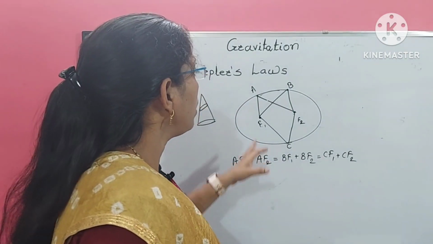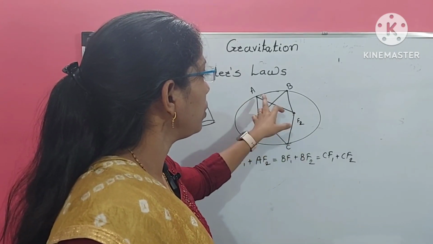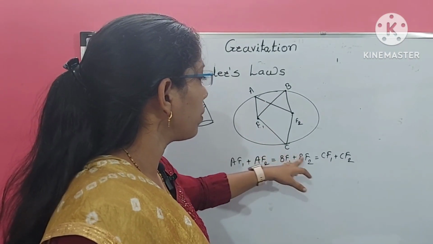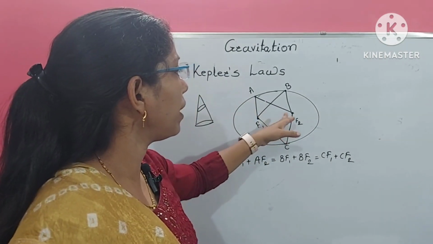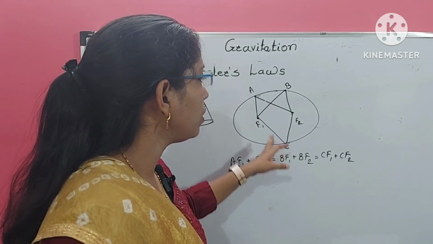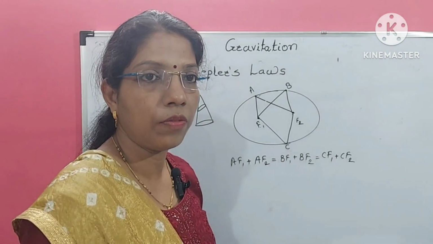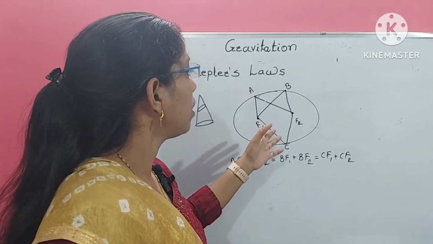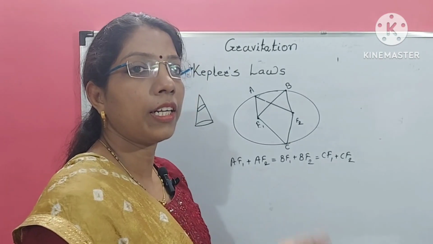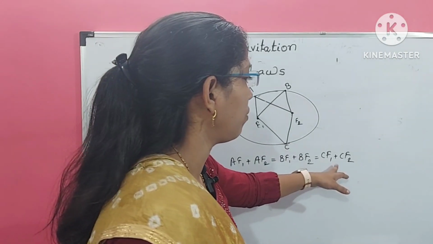If the point A has distance AF1 from F1 and AF2 from F2, we add those distances. Same for point B, and same for point C. The sum of these distances from the foci is always equal: AF1 plus AF2 equals BF1 plus BF2 equals CF1 plus CF2.